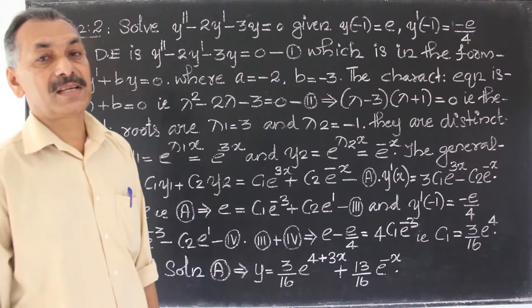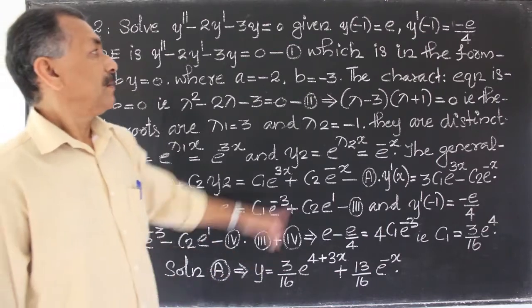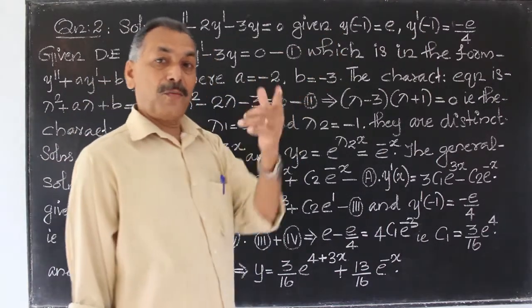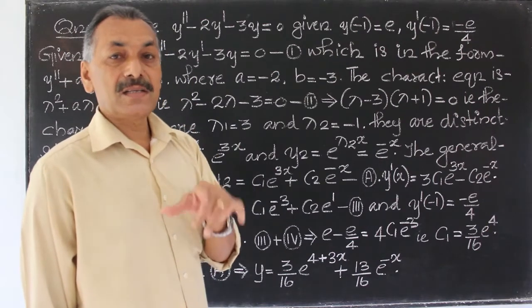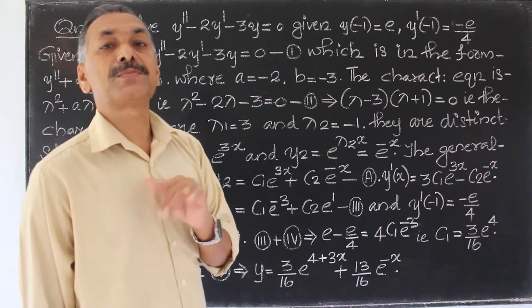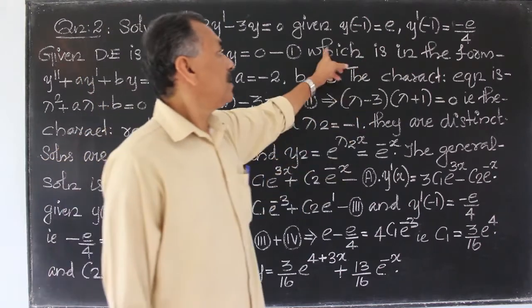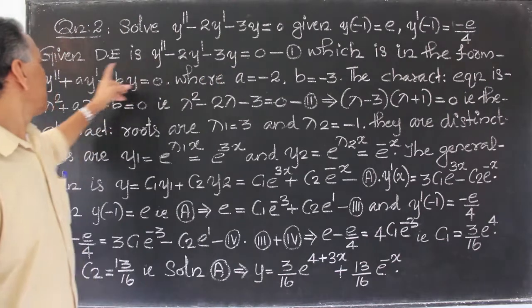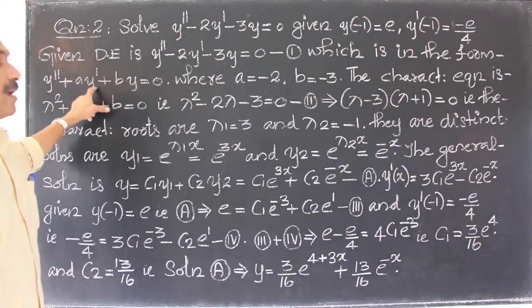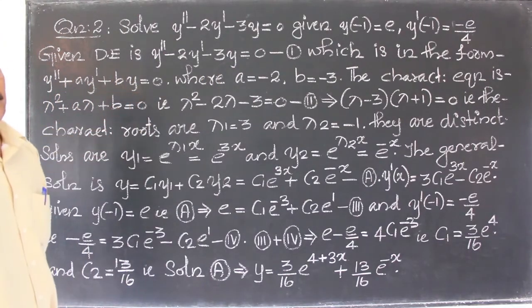Then which is the general or standard form of such an equation? The standard form is y'' + ay' + by = 0. The given differential equation is in the form y'' + ay' + by = 0.